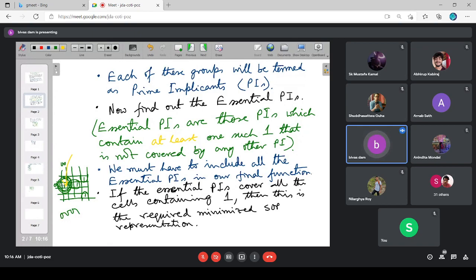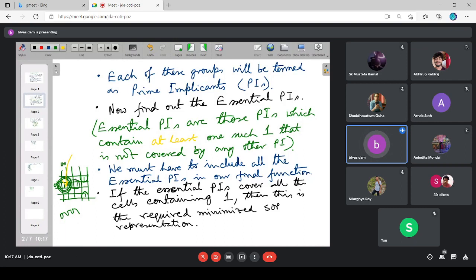That means when the input combination becomes 0, 0, 0, 1, the function will not give a logic 1 output. Instead, it will give a logic 0 output. So my function realization fails there. So we must ensure that all the cells containing logic 1 get represented in the function output.